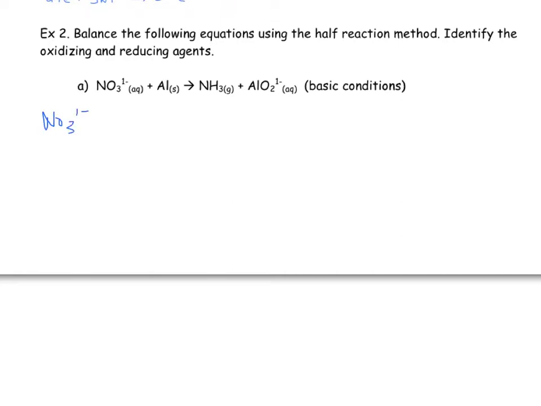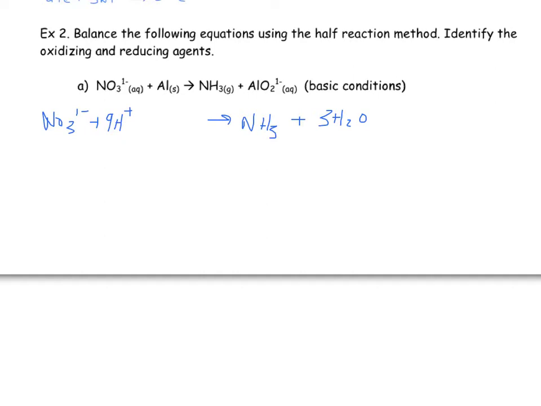Let's start with the nitrogen compounds. On the left side I have a nitrate. On the right side I have an ammonia. I have one nitrogen on each side. In order to balance the oxygens, I need to add 3 waters onto the right. And then 9 H's on the left-hand side in order to balance the hydrogen.